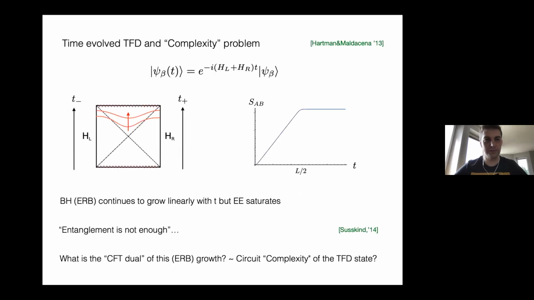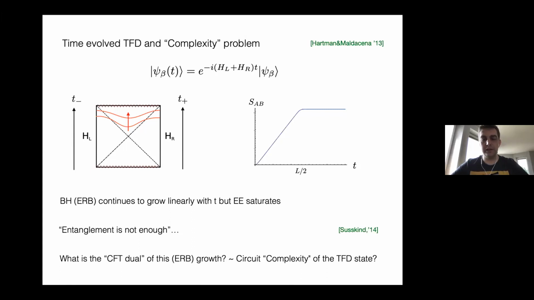I'll be grateful. Okay. So one of the reasons that we, in AdS CFT, are interested in thinking about the complexity problem comes from the very interesting computation due to Hartman and Maldacena that studied the time-evolved thermofield double state, as you already heard in several talks.